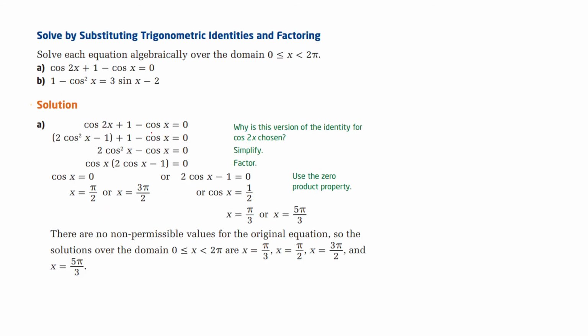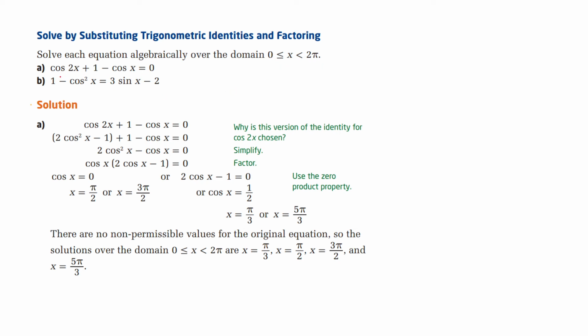Another example is solved by substituting a trig identity and factoring. You need to be able to solve these kinds of questions. For example, in this one we have to find x from 0 to 2 pi.